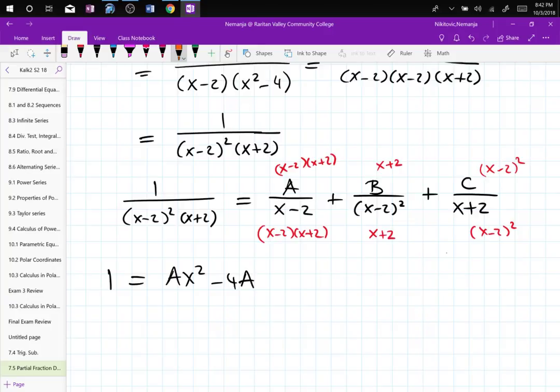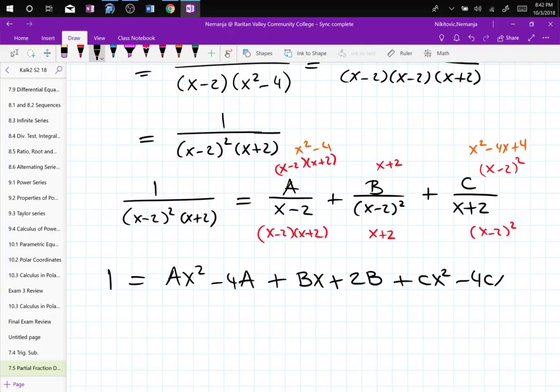I should actually add that. So this is x squared minus 4, this is x plus 2, and this is going to be x squared minus 4x plus 4 as we go on. So plus Bx plus 2B, and then plus Cx squared minus 4Cx plus 4C.